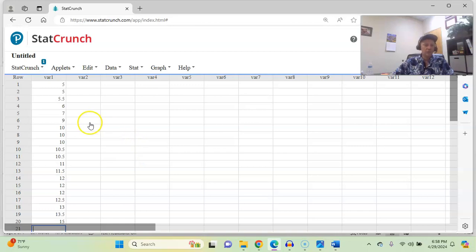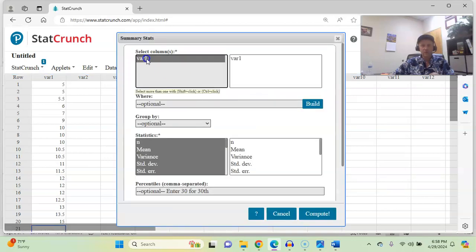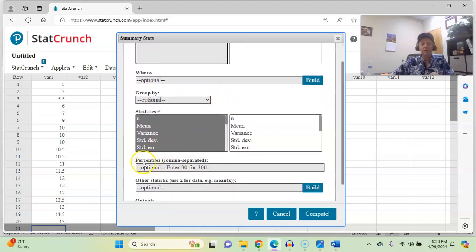rounding. So to illustrate that, here's the same list of numbers entered into a column on StatCrunch. What I'm going to do is go to Stat, Summary Stats, Columns, select Variable 1, and down here you can indicate percentiles.